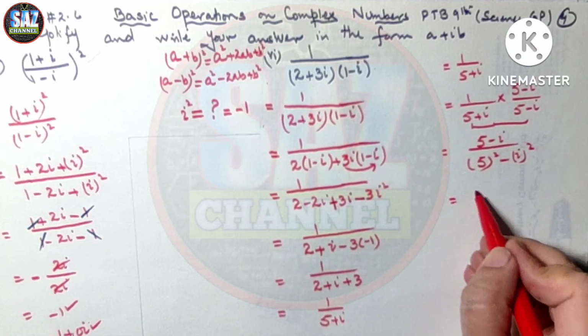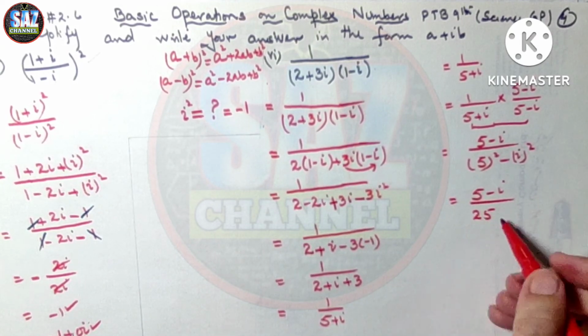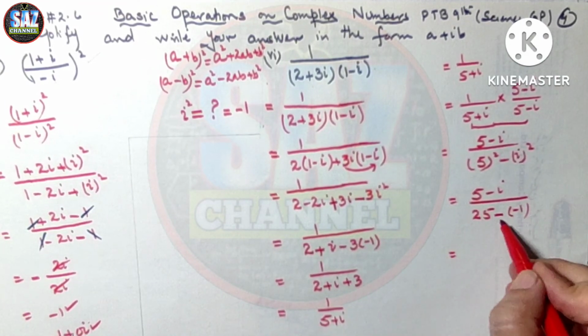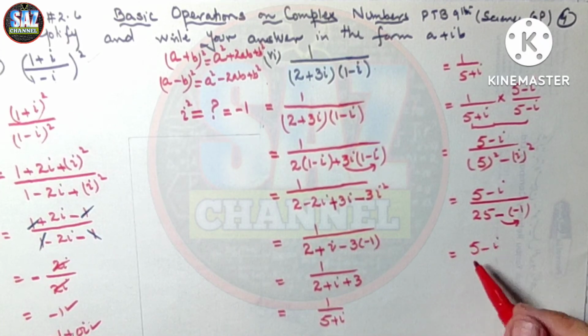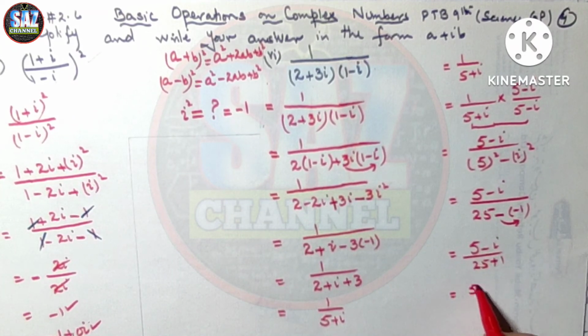This will become (5 - iota) upon 25 minus minus 1, and minus multiplied by minus is positive, so (5 - iota) upon 25 plus 1, that is (5 - iota) upon 26. Writing my answer as a standard complex number, 5/26 minus 1/26 iota is the required answer.